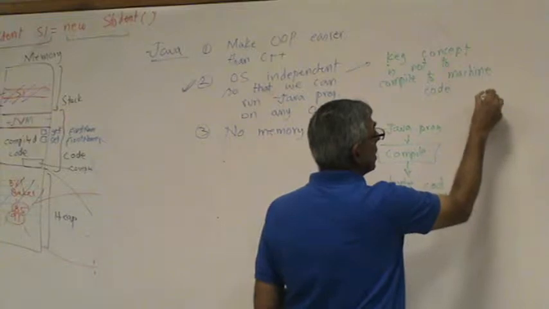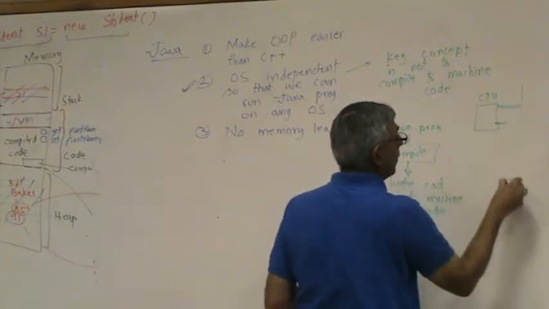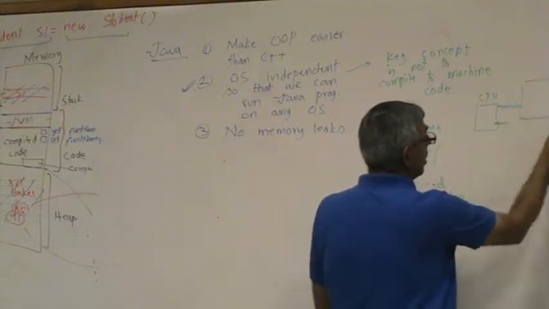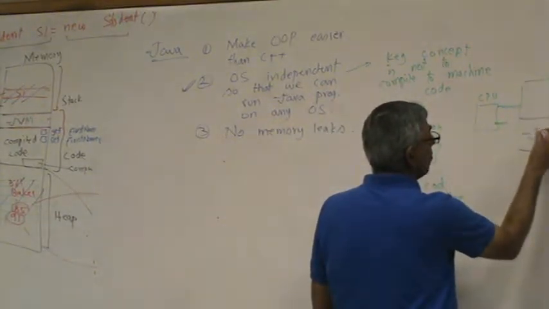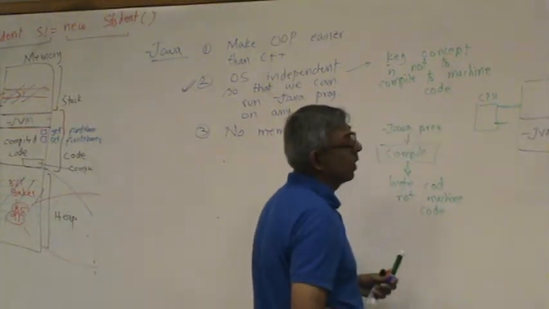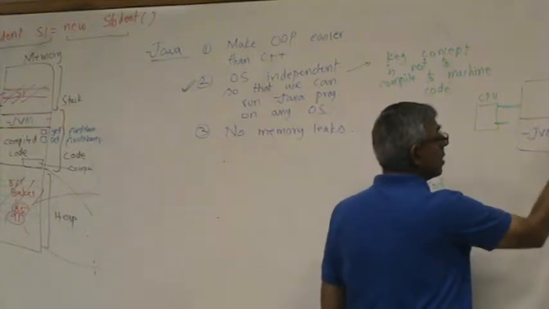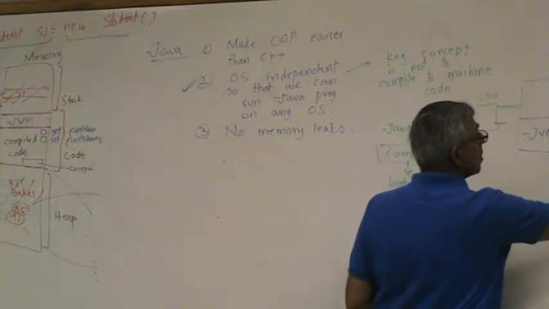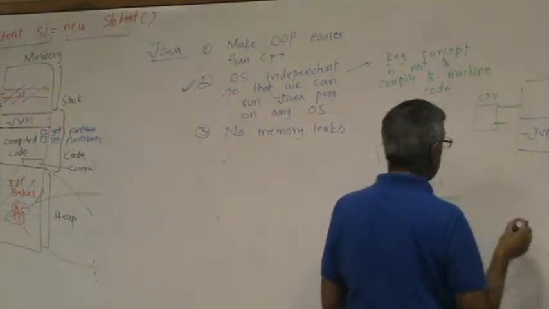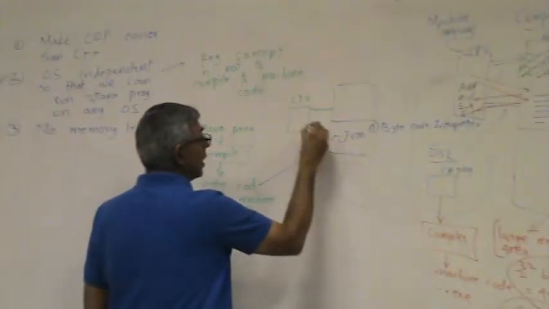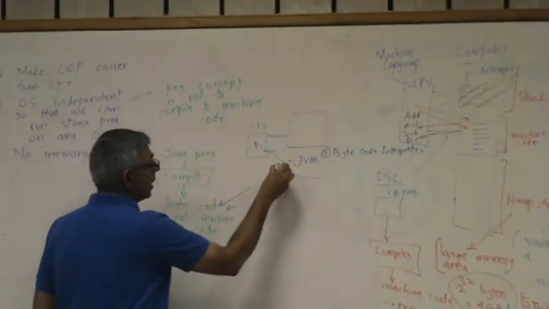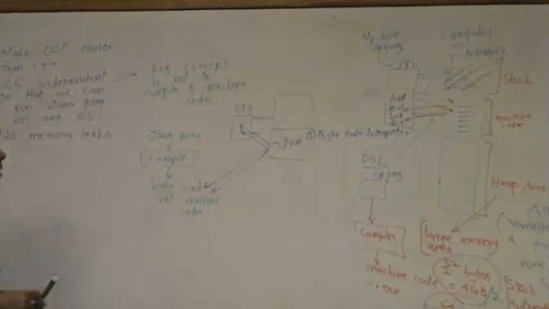If this is the CPU, in the memory of the computer, what do we load? JVM. And one of the important parts of the JVM? Bytecode interpreter. So this will read the bytecode and tell the CPU what to do. Same way, read another line, tell the CPU what to do, right?